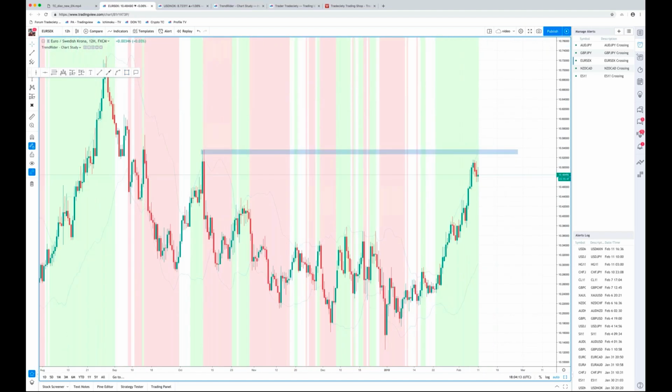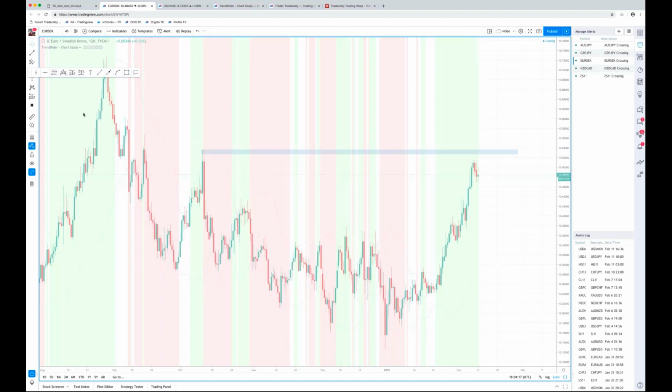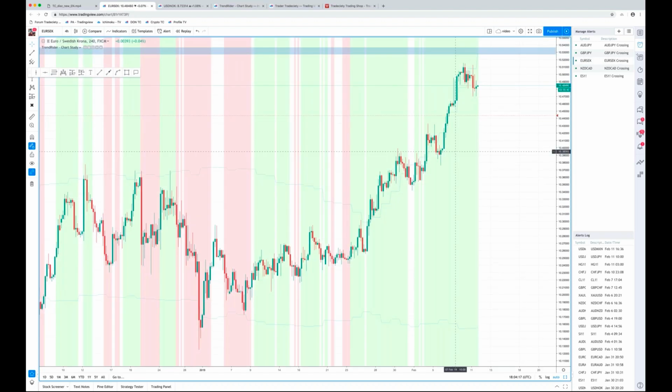So what are we going to do? We are waiting for a downside potential setup. How do you trade a market that is going up and up and up? First of all, you need to make sure that you are waiting for the market to really shift.